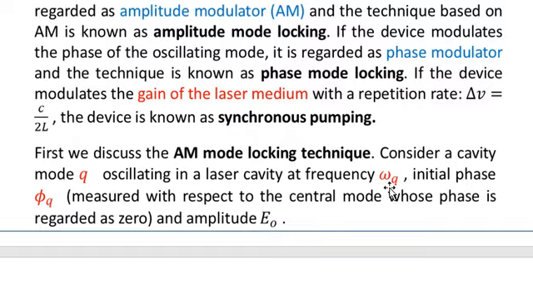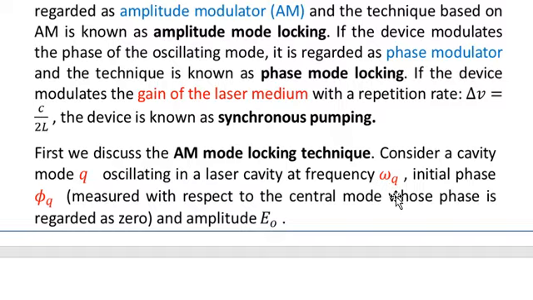So if you add delta omega to omega q, and if you subtract delta omega from omega q, where delta omega is equal to 2 pi delta nu, then you see that we have the original modes of the laser cavity.